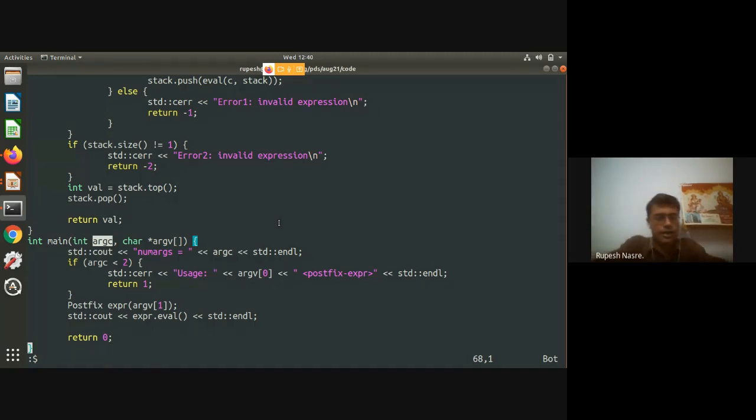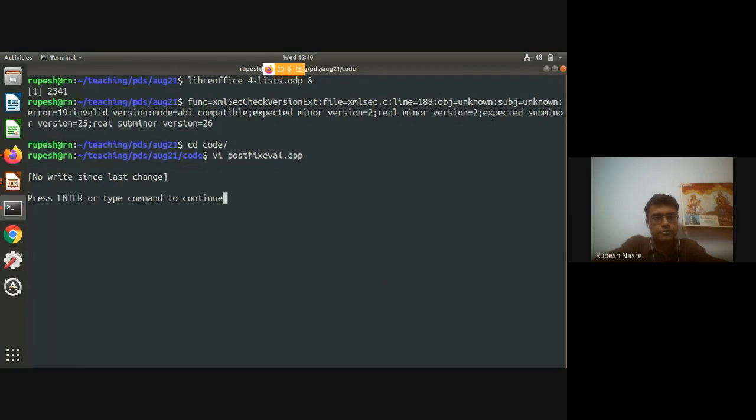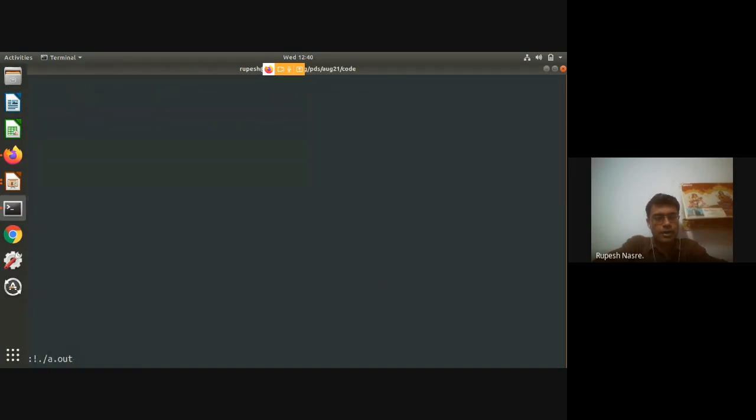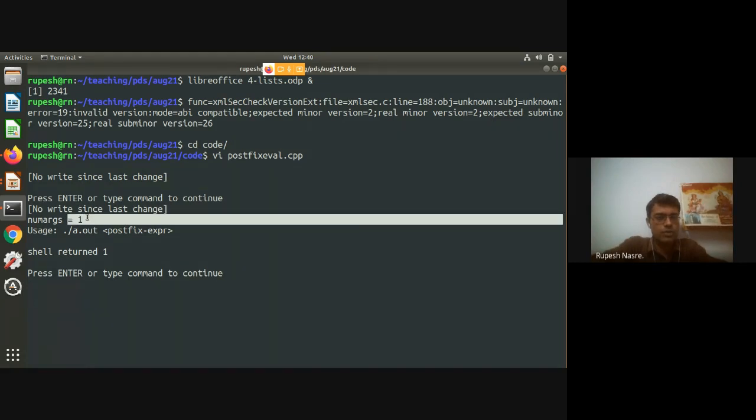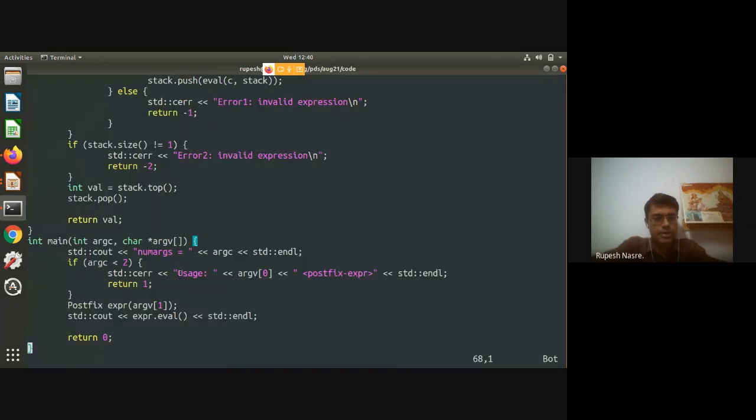And for example, when I compile this program and run, then I have only one argument, that is number of args is 1, so argc is 1, and I don't have the second argument given. So using that, I'm giving the usage that I need to provide, the a dot out followed by postfix expression as the usage, right?